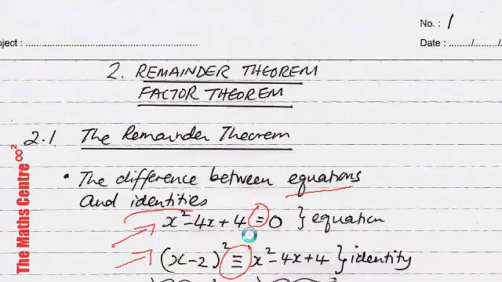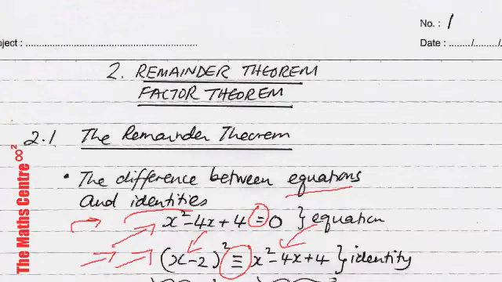There'll be three short parallel lines, and this is known as the left hand side of the identity, and this is known as the right hand side of the identity. Note, equations are satisfied by only certain values of x, whereas identities are satisfied by any value of x.